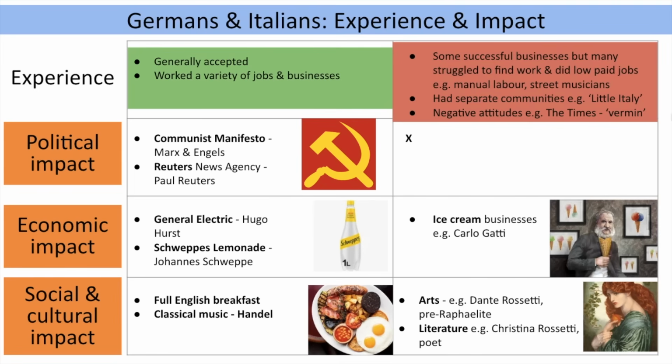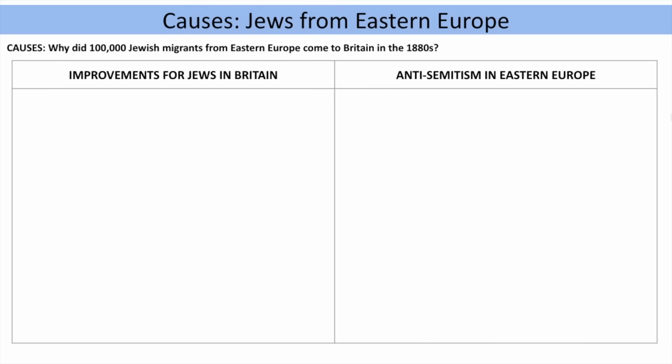And again, the Italians have quite a big impact socially and culturally. Some really famous artwork from this period, like the paintings of the Pre-Raphaelites, are from Italian artists like Dante Rossetti. And some famous works of literature are also from Italian migrants. So Christina Rossetti, who is Dante Rossetti's sister, was a famous poet at this time.